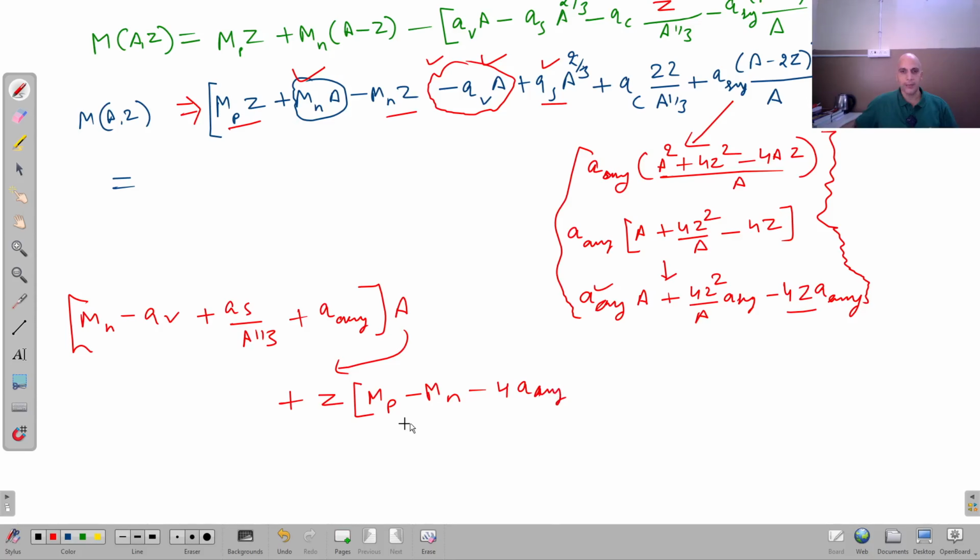Now it is enough. We have three terms, right? Mass of proton minus mass of neutron minus 4 A symmetry from here, right? So these terms, then after plus.